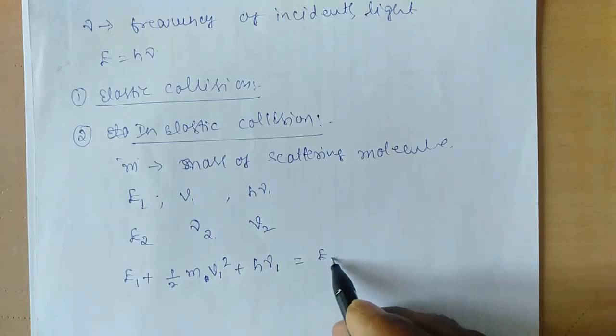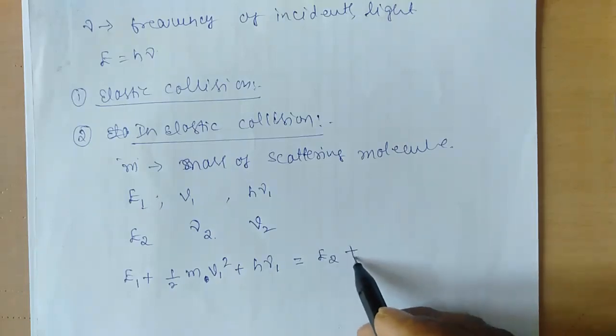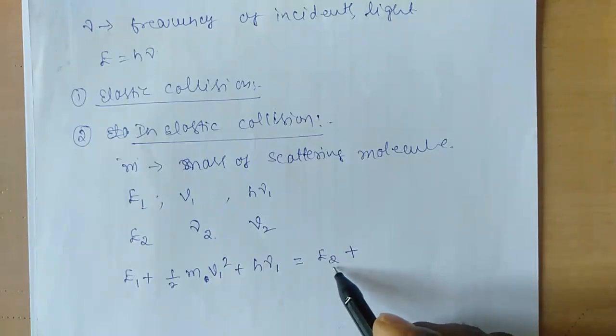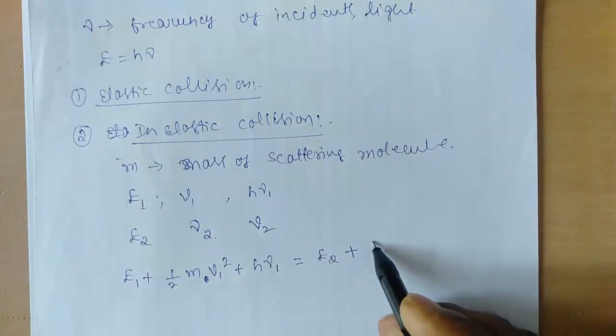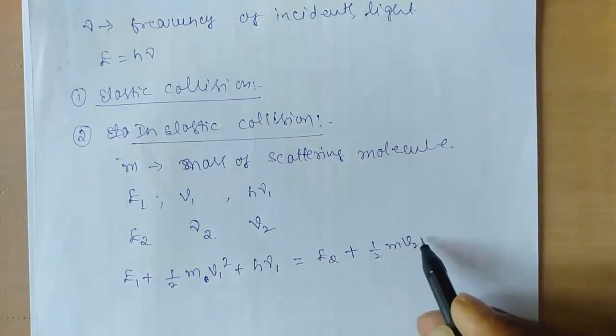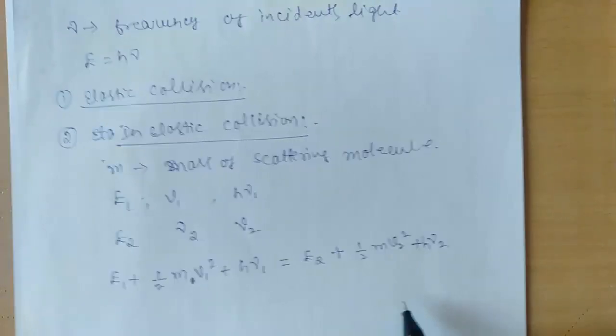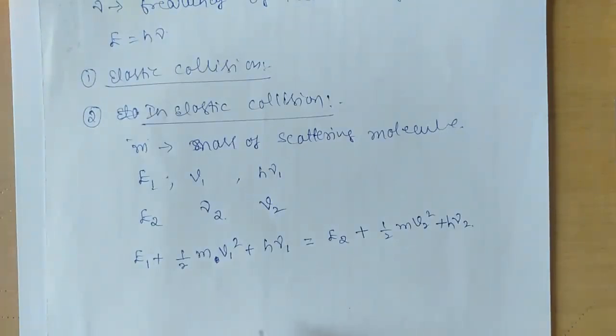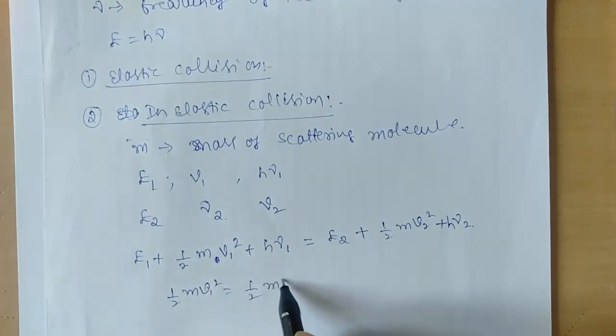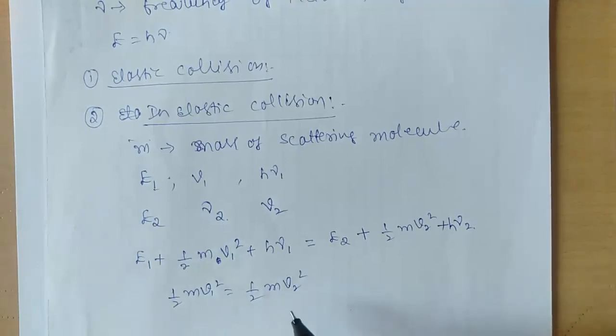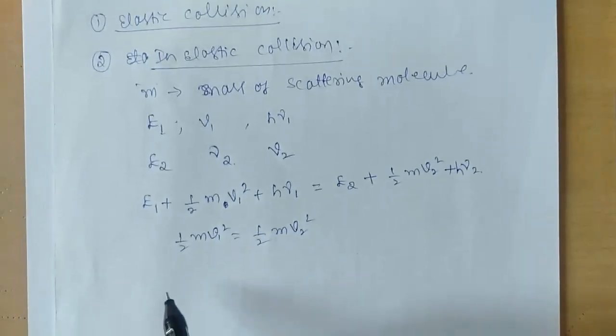This is equal to the energy state of the molecule after absorbing the photon, E2, plus half m v2 square, plus h nu2. Now we can show that half m v1 square is equal to half m v2 square, since the change in velocity is negligible, so these two terms are equal.